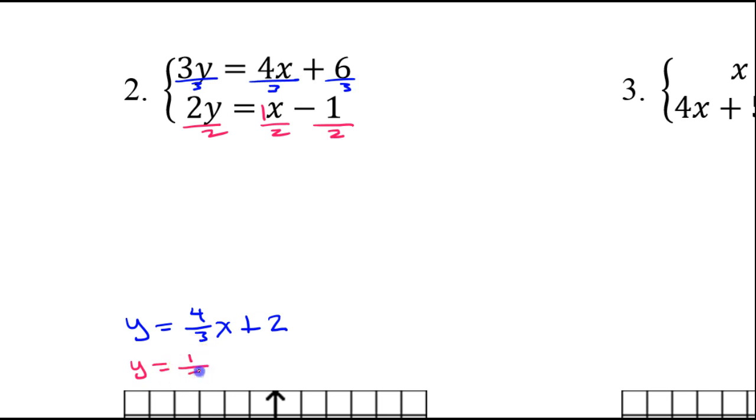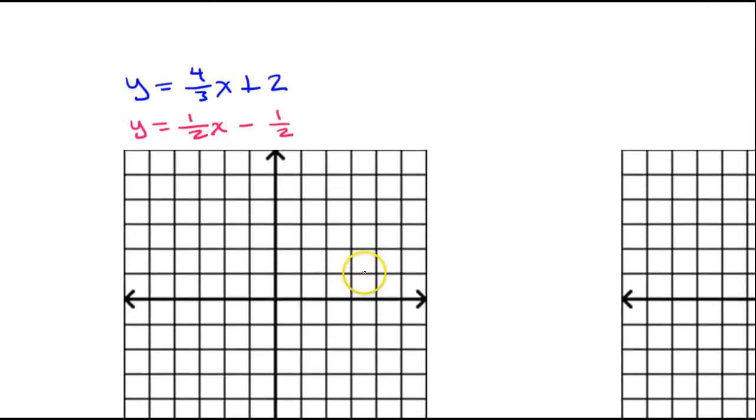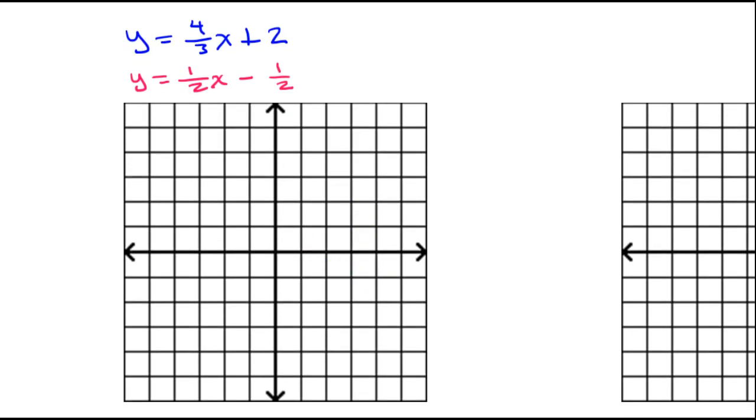So y is equal to 1/2 x minus 1/2. Okay, so that'll be a little bit weird, but I think we can deal with it. Having a 1/2 for a y-intercept is not ideal for solving by graphing, but let's make it work, people.